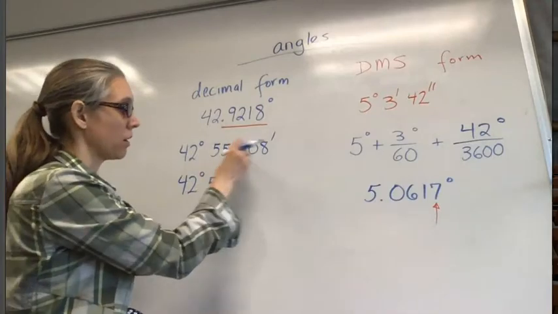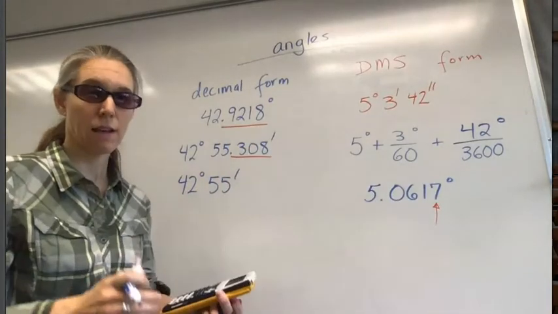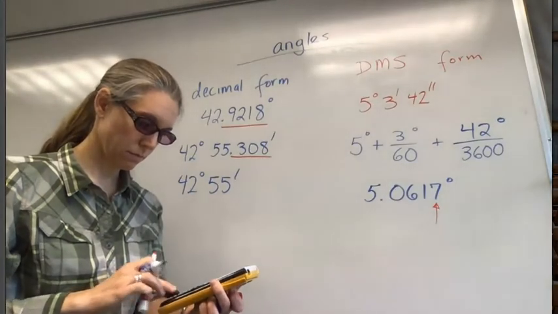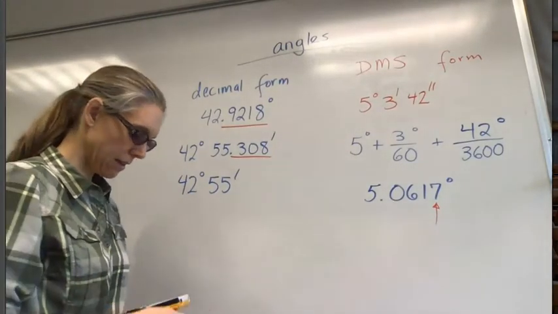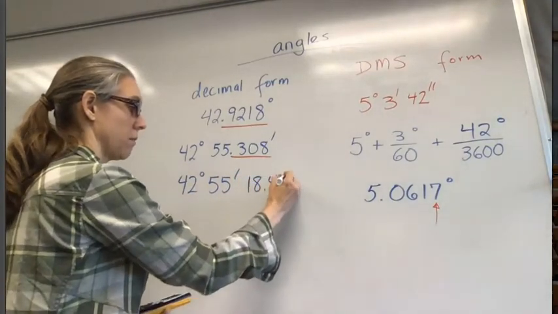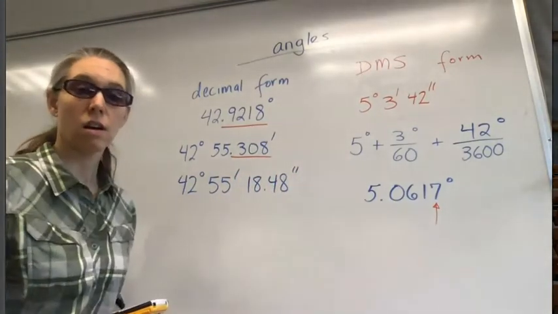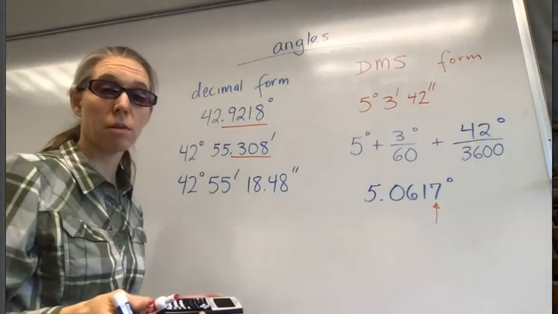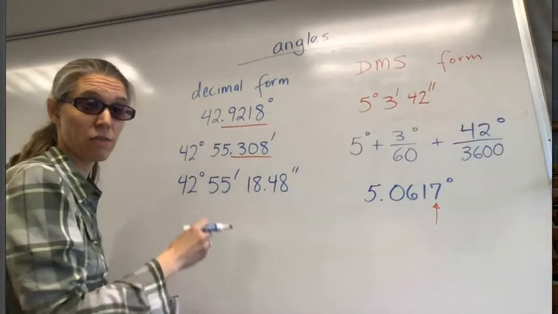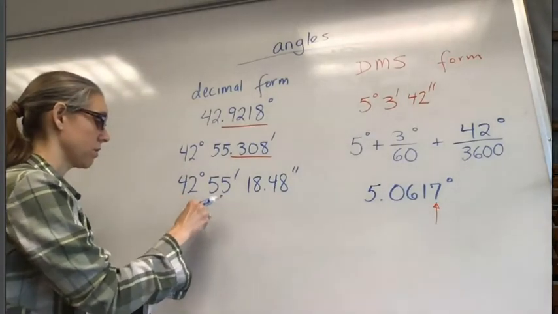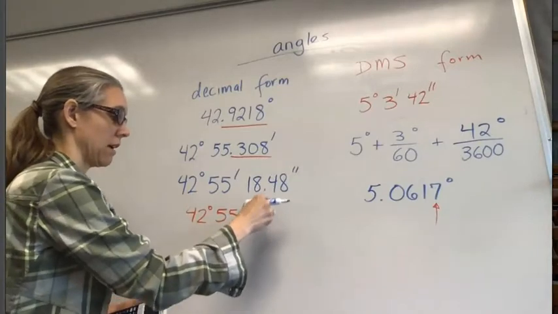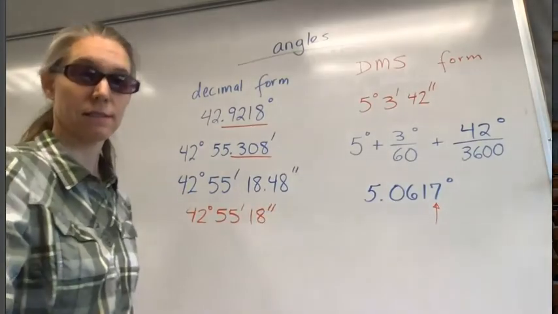Now we take 0.308 and multiply it by 60. And that is 18.48 seconds. Usually a problem will tell you to round to the nearest second. So in this case, the final answer is 42 degrees, 55 minutes, and 18 seconds.